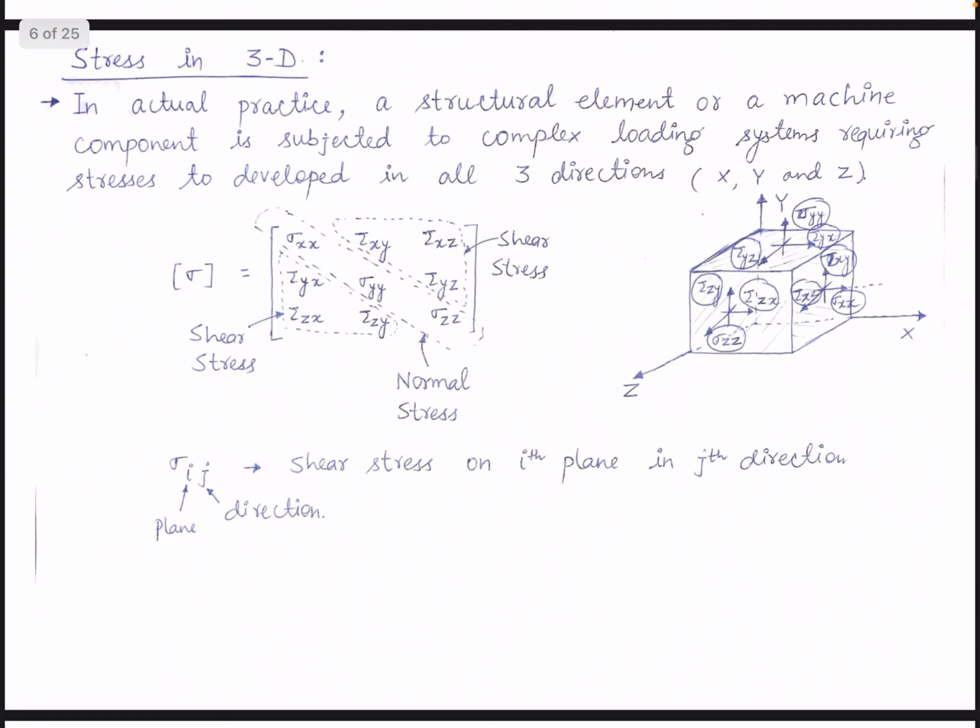Now let us see stress in 3D, how the 3D stress diagram will look. In actual practice, every body which we see is a 3D object, so we have to have some idea about 3D stresses also. A structural element or a machine component is subjected to a complex loading system requiring stresses to develop in all three directions.